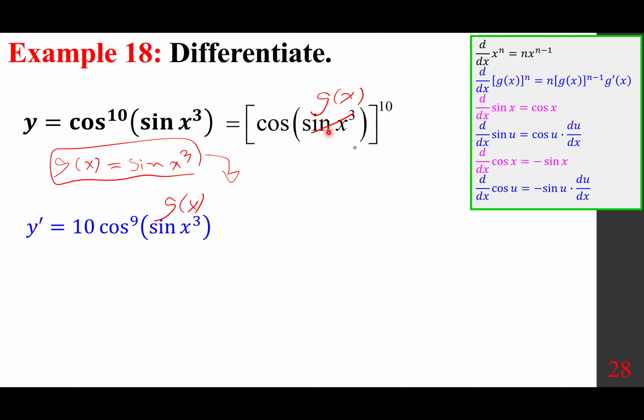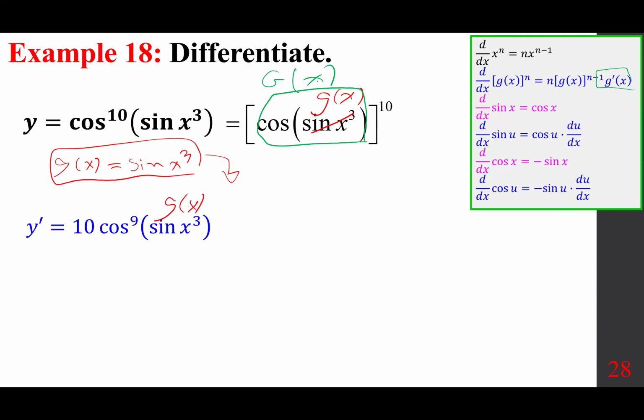You differentiate the cosine and then the sine. To differentiate the sine, we are talking about g prime of x here, okay? The derivative of the inside. So this is g of x, and actually let's just call this capital G of x.